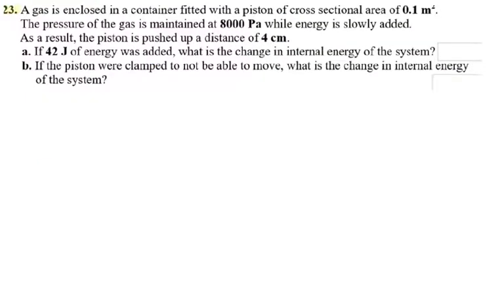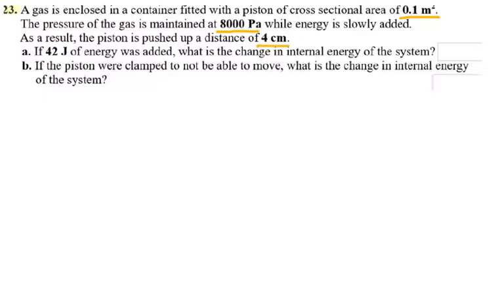In this question they say a gas is enclosed in a container fitted with a piston of cross-sectional area 0.1 meter squared. The pressure of the gas is maintained at 8,000 pascals, so it's a constant pressure. It's isobaric. And as a result, the piston is pushed up a distance of 4 centimeters.